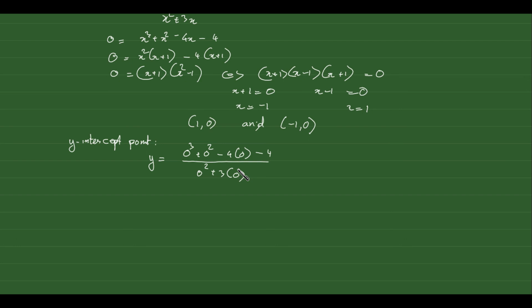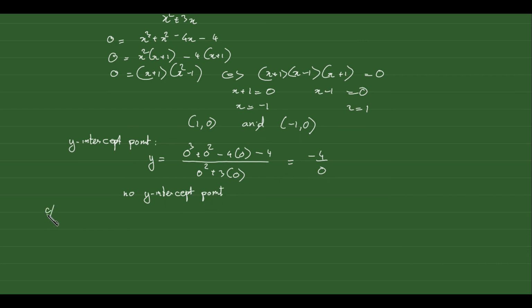You see that over here we have -4 over 0, and we cannot solve for it. It's undefined, so in this case we have no y-intercept point.